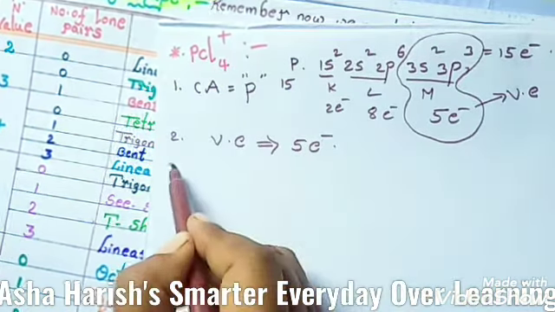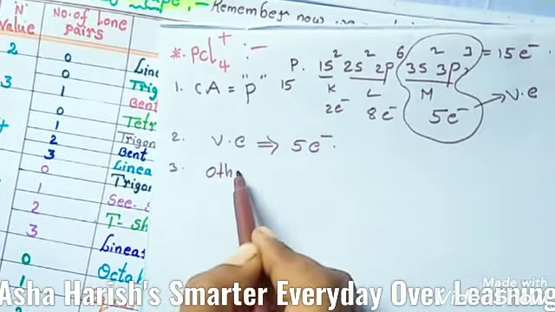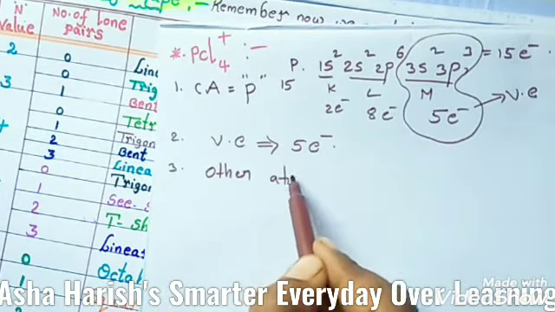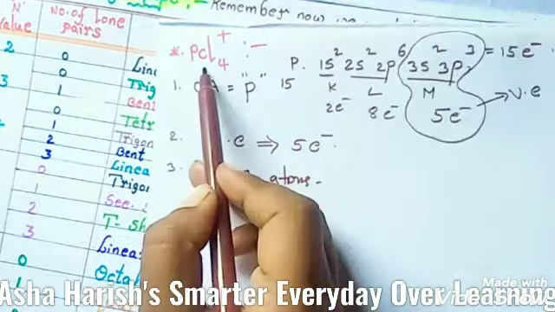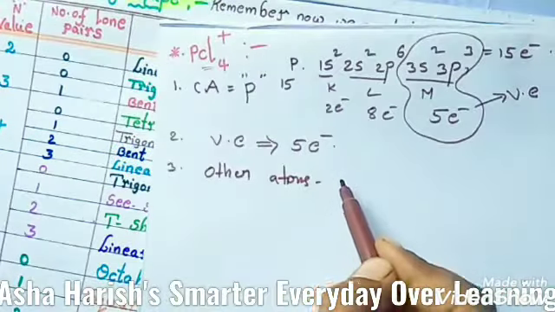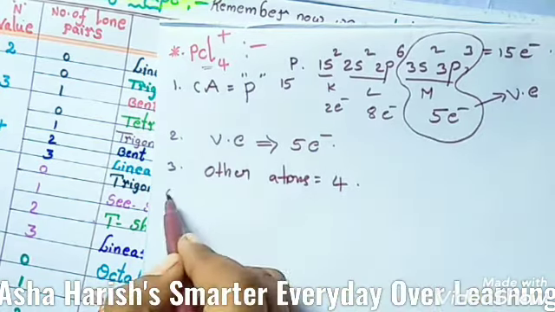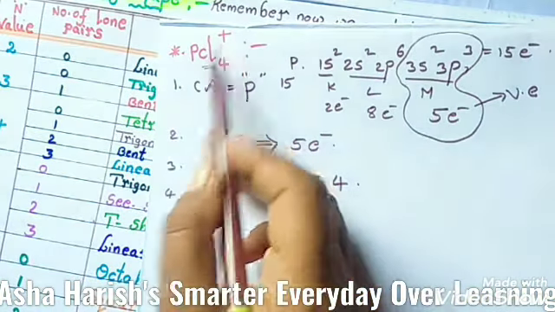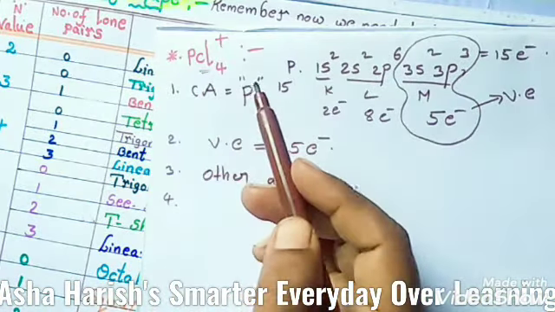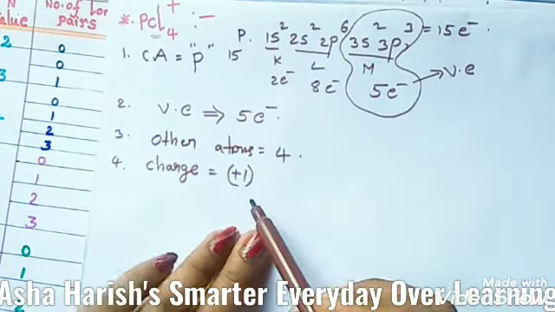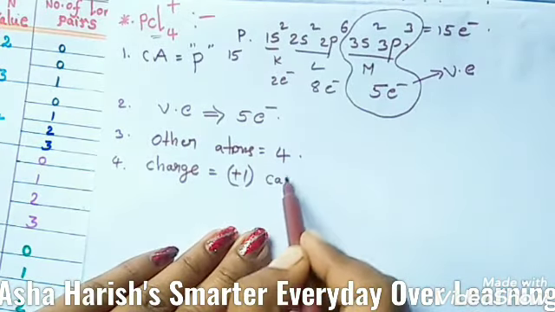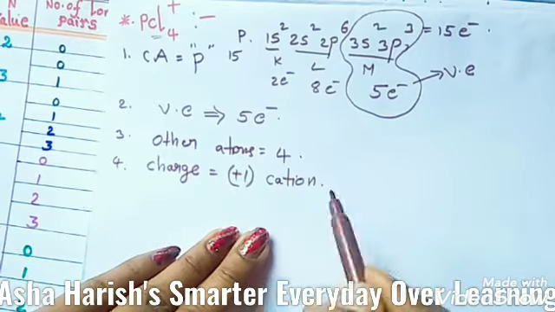Now what is the third step? You need to identify the number of other atoms. Here the other atoms are chlorine atoms. How many? 4 are present, so you write 4. Next, you need to identify the charge of the molecule. Here the charge is +1. +1 means it is a cation.